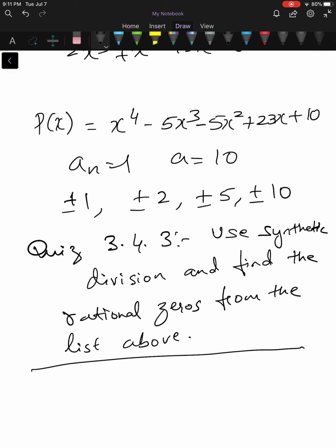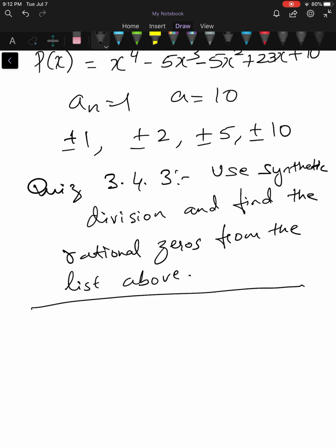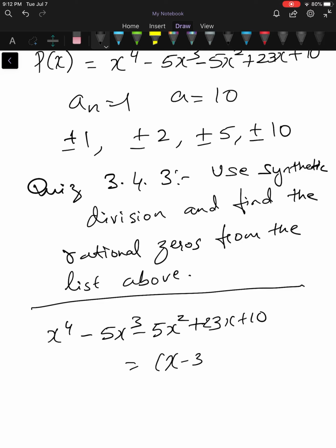Now let us learn how to use the quadratic formula. I told you that 5 is a 0. So if you factorize this polynomial by the one real zero that we found out, it would be in this way.